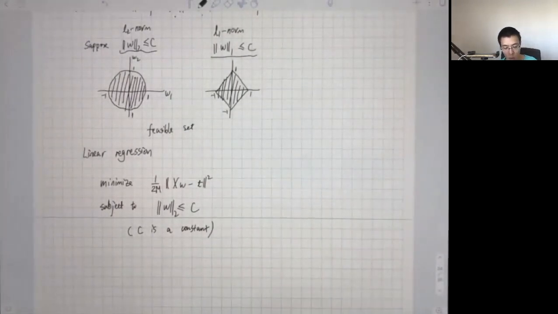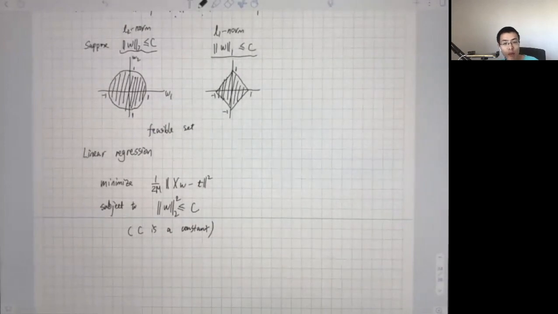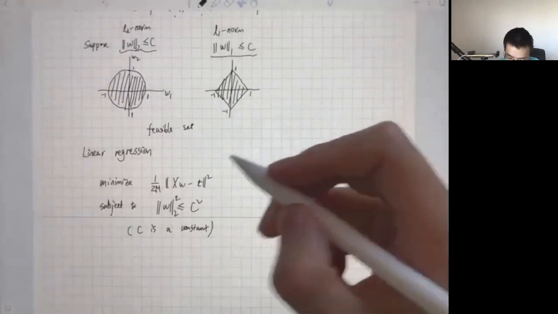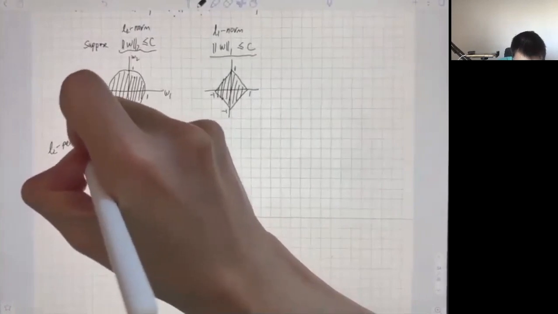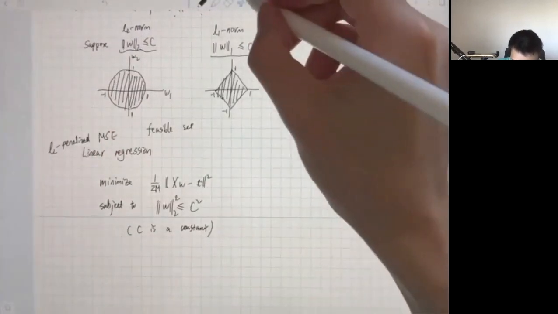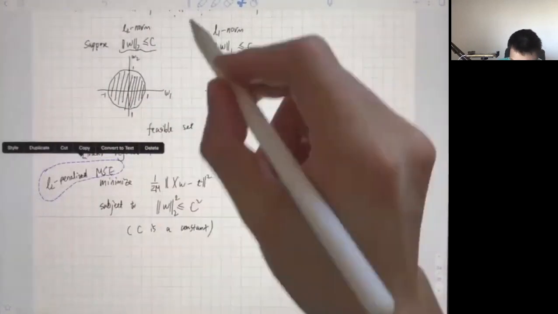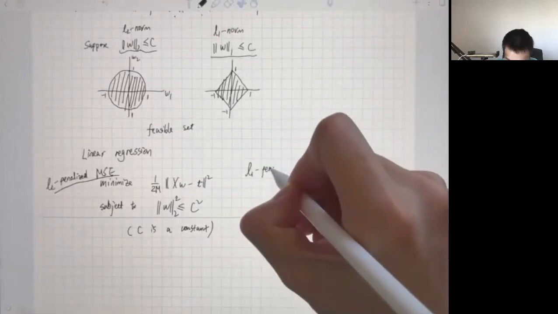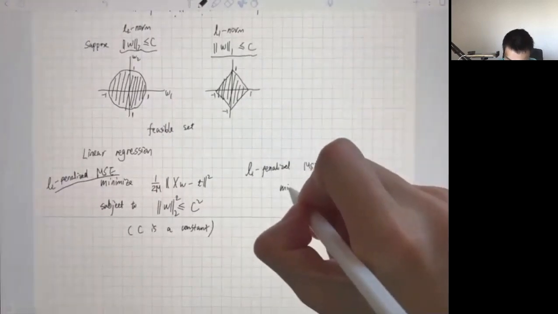If the L2 norm is less than or equal to C, I can say the square of the L2 norm is less than or equal to C squared, and I can rebrand C squared as C. So I just put a square here. It doesn't change anything. This is the L2 penalized mean square error. Similarly, we can have the L1 penalized mean square error, which is minimized.